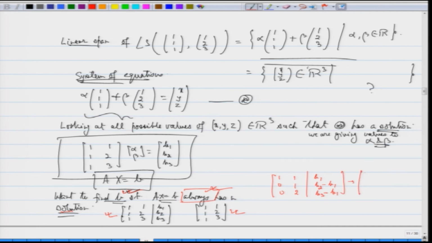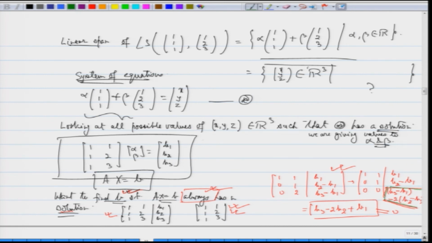At the next stage it is 1, 1, B1, 0, 1, B2 minus B1, and 0, 0, B3 minus B1 minus 2 times B2 minus B1, which gives me B3 minus 2 B2 plus B1. All right. So, what we see is that the augmented matrix rank is the same as the rank of the coefficient matrix only when B3 minus 2 B2 plus B1 is 0. All right. Fine. So, this entry has to be 0 for us.